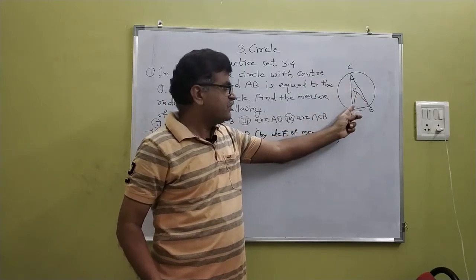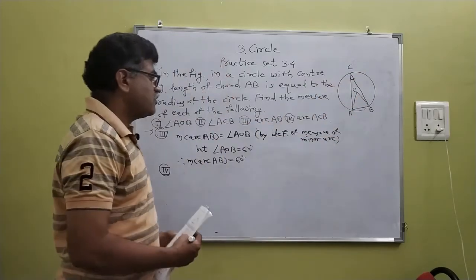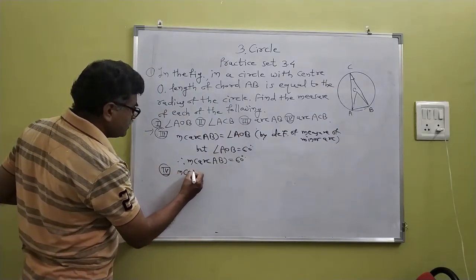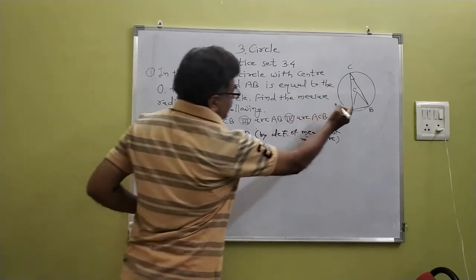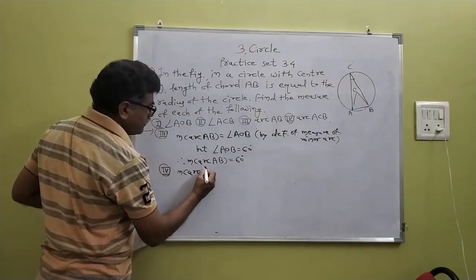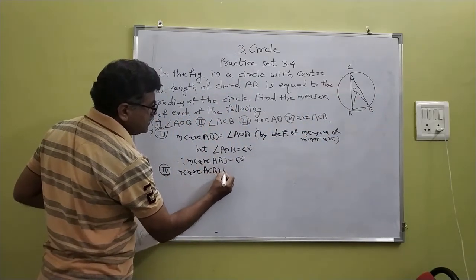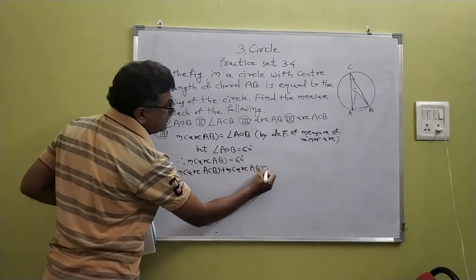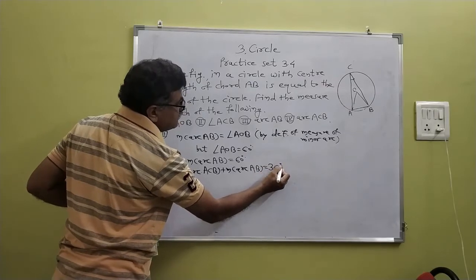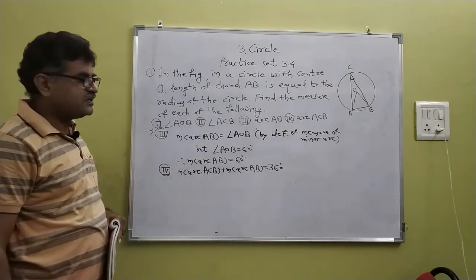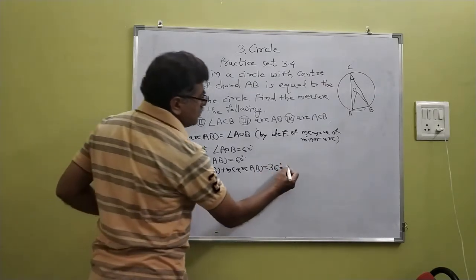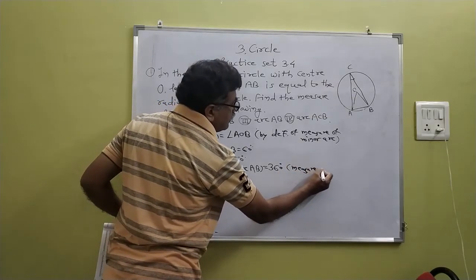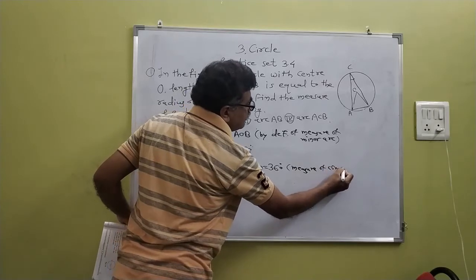Measure of arc ACB plus measure of arc AB is equal to 360 degrees.